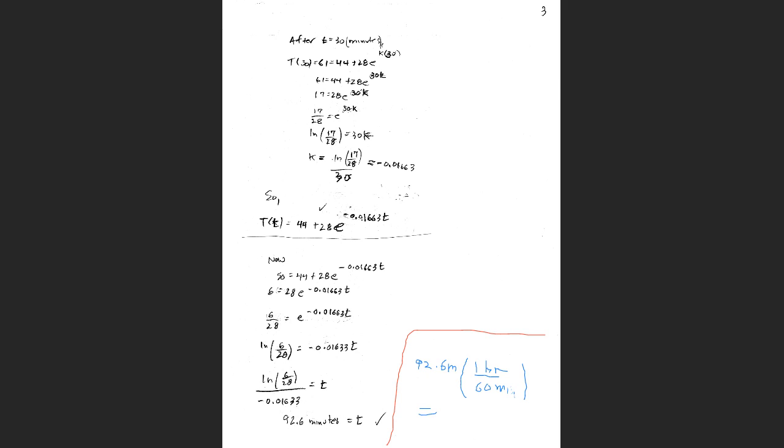So 92.6 divided by 60. That's going to be, well, that's 1.54 hours, roughly.